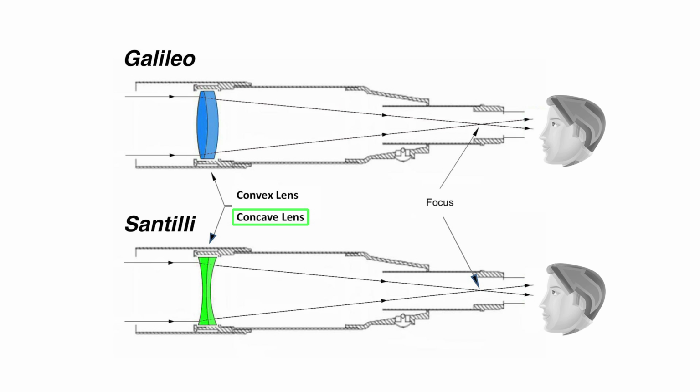Now, when ordinary light passes through the Galileo telescope with the convex lens, that lens focuses the light and the image can be recorded by a digital camera. Should antimatter light pass through the convex lens, it would merely be dispersed along the walls of the telescope and not be focused at all.